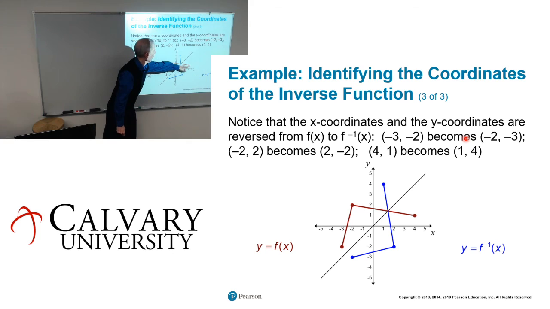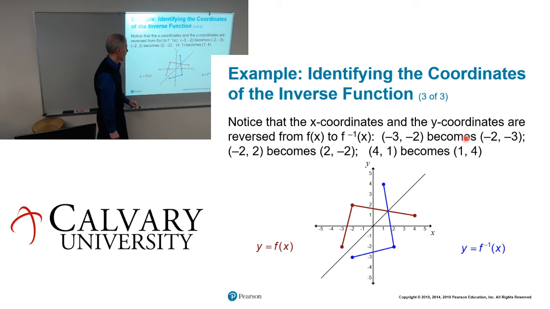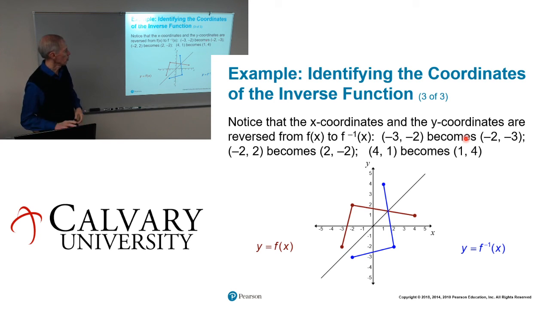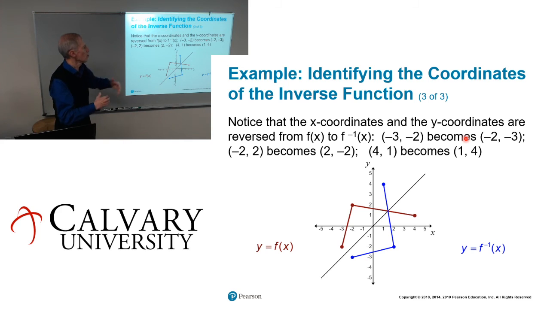And then the 4, 1 becomes 1, 4, which is right up here. And so just a reversal of the x's and y's of each of those points will show you what the inverse function looks like.